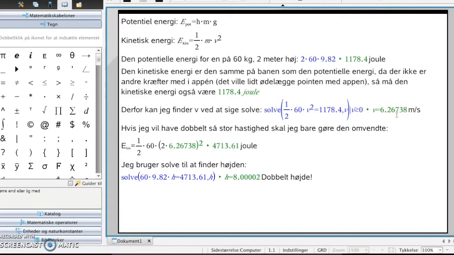Alright, that's good. So if I want double speed of my guy going down the ramp, the ramp was 2 meters tall, he was 60 kilos, and so on. How much energy do I need?